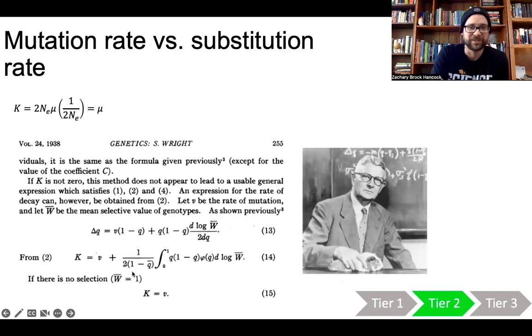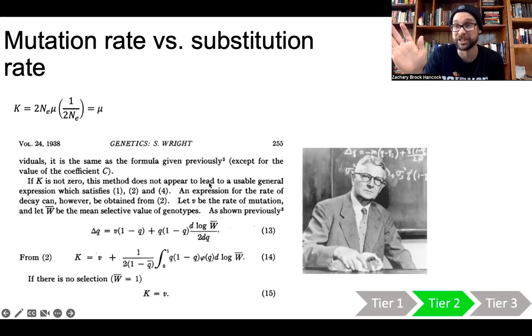Notice here that the W bar represents selection, V is the mutation rate, and K is the rate of evolution. Notice that he says if there is no selection, W bar equals 1, K equals V, which means that he derived this mutation substitution rate equivalency when there is no selection in 1938, almost 30 years before Kimura.